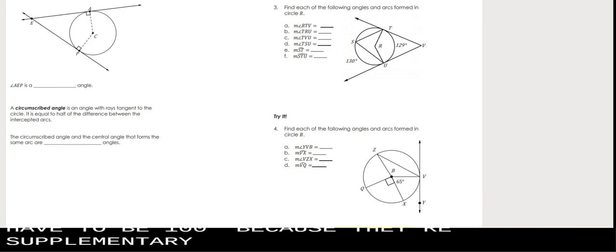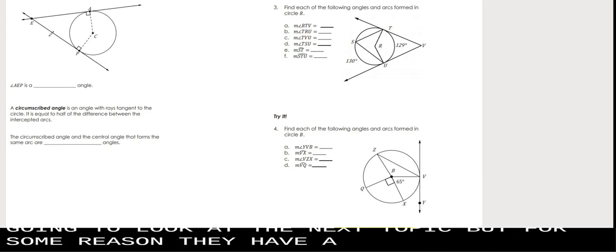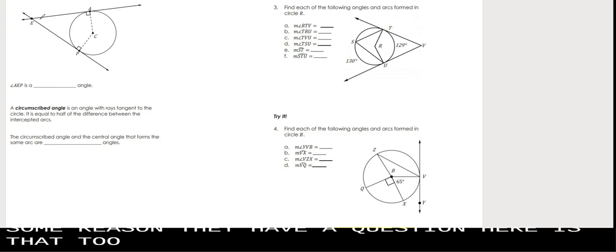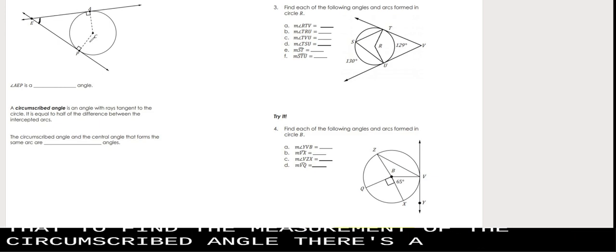One more thing that we're going to look at in the next topic, but for some reason they have a question here: to find the measurement of the circumscribed angle, there's a formula.